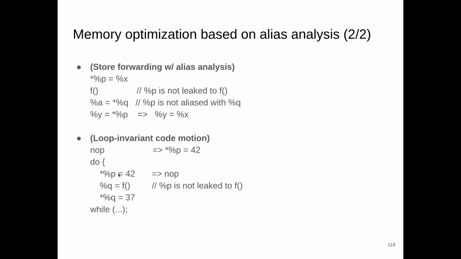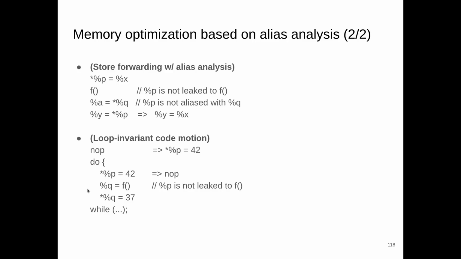Okay, here is an example. On the left side, you are writing foreach to P, storing a foreach value to the location pointed to by P, and then calling some function, and then there is more code here. I am storing to Q here. Suppose that this location P is never leaked to other functions or other registers.